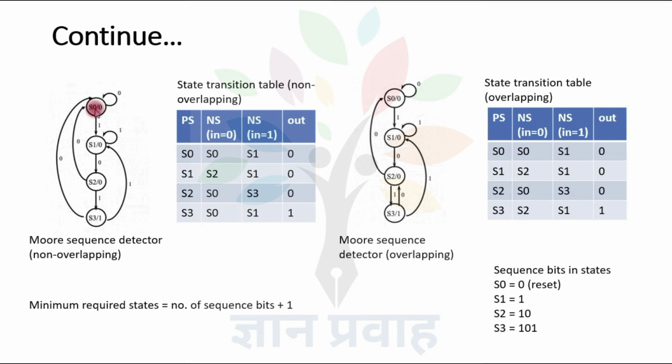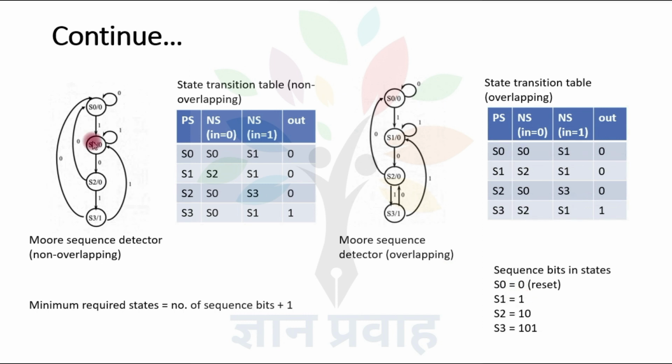So at state S0, when we receive 0, it is not in the sequence, so the state remains the same. So S0 represents 0. But when we receive input bit 1, it is the first bit in our sequence. Then the state will be changed. The state is now S1, so state S1 is representing 1.